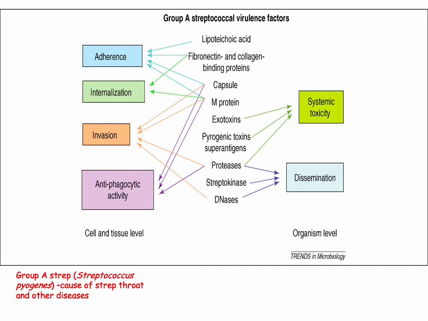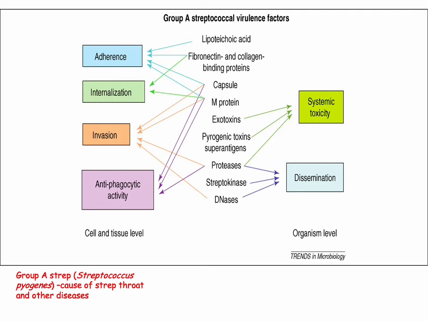These molecules play a specific role for the bacteria. The lipoteichoic acid, fibronectin, and collagen binding protein play a role in adherence. The M protein and the capsule as well. Then some play anti-phagocytic activity. That means they prevent white blood cells from phagocytosing the group A strep, so they escape immune surveillance.